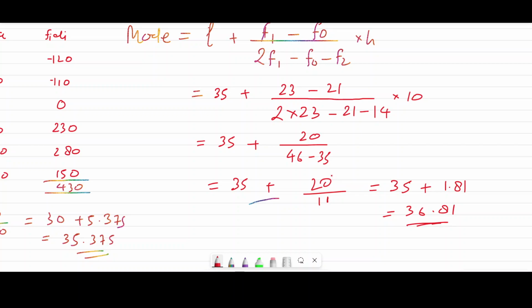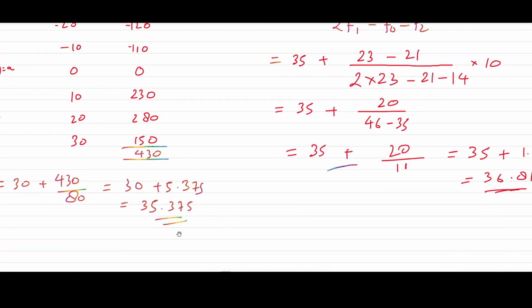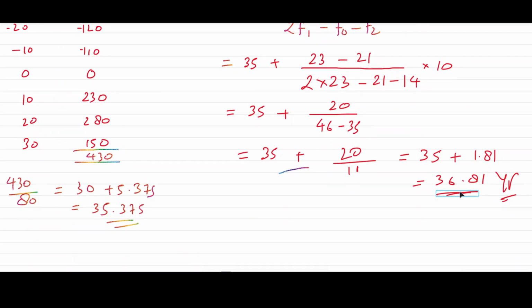Well, that means it represents years as well, and mean is given as 35.37 and mode is given as 36.81. So the maximum number of patients admitted to the hospital were at the age of 36.81 years.